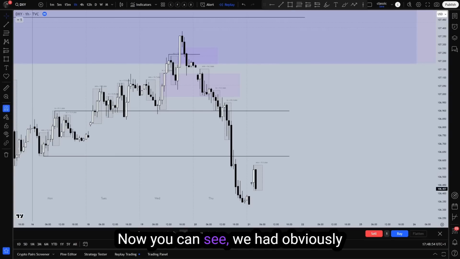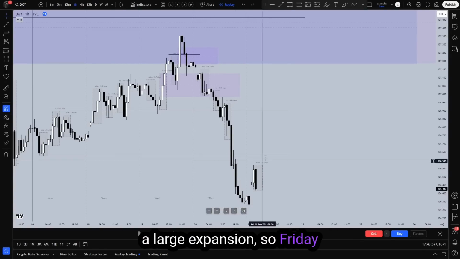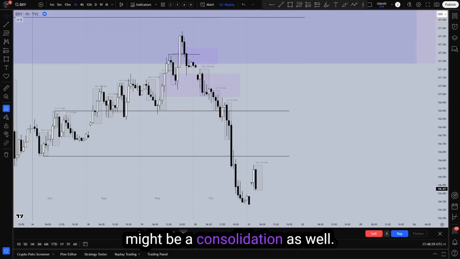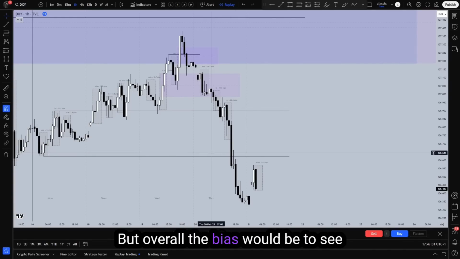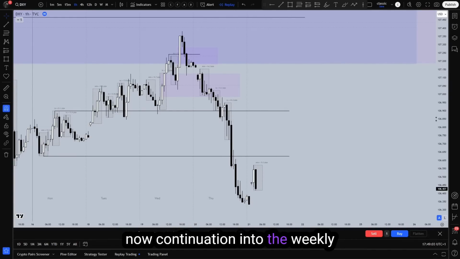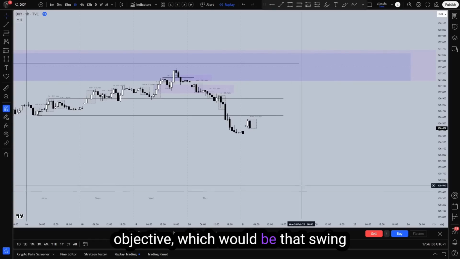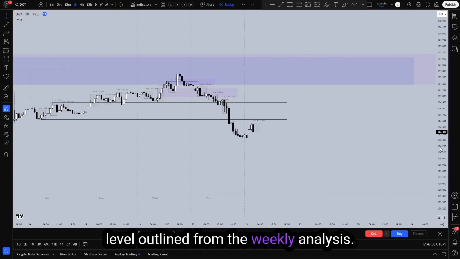Now you can see we had obviously a large expansion, so Friday might be a consolidation as well. But overall, the bias would be to see continuation into the weekly objective, which would be that swing low outlined from the weekly analysis.